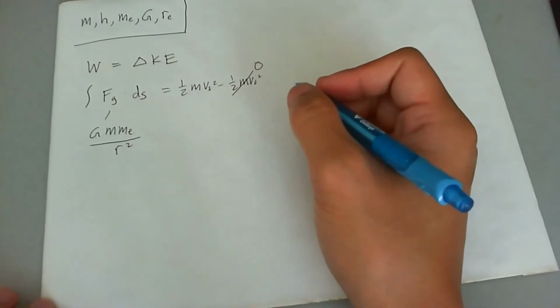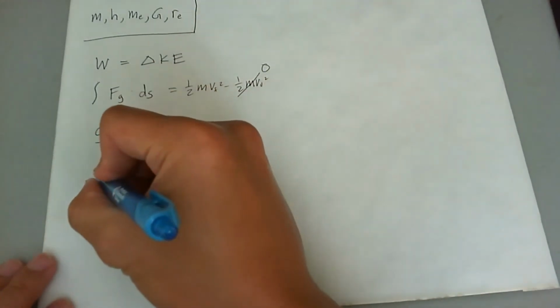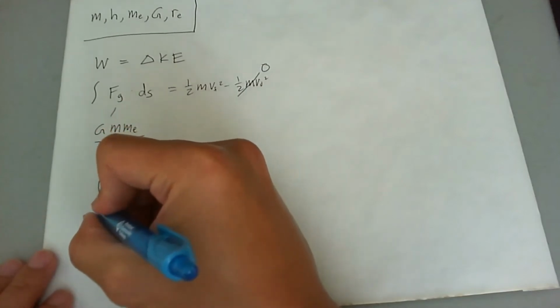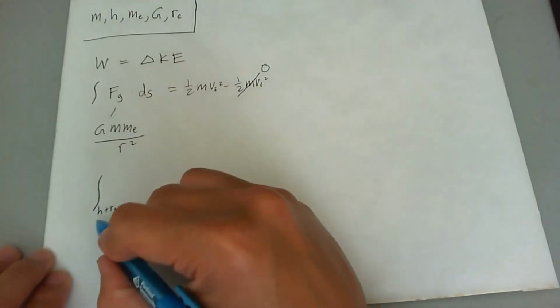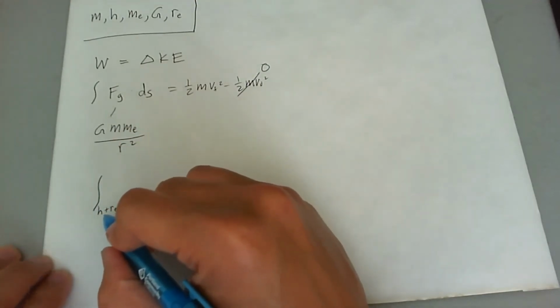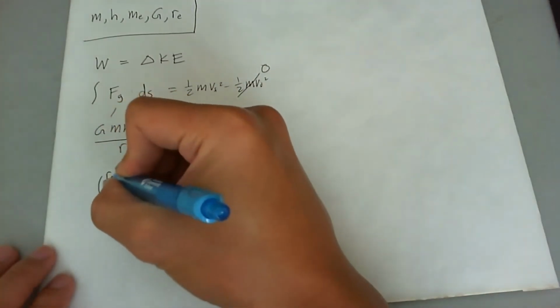So let's take this and create a more appropriate equation. We'll integrate from h plus R_E, the Earth's radius plus the height above the surface, all the way to R_E, the surface of the Earth.